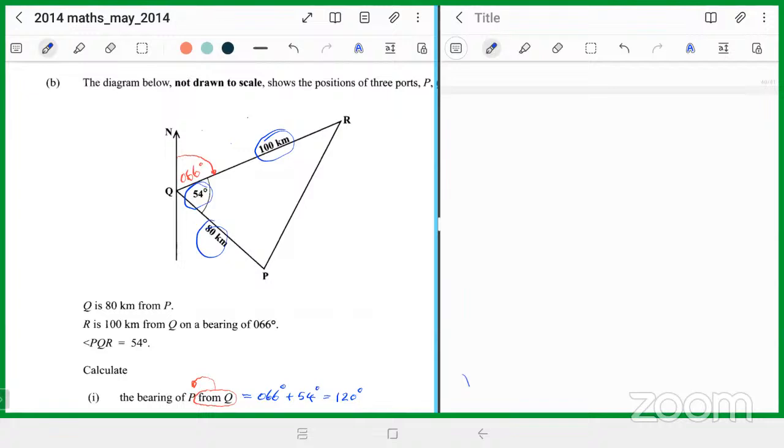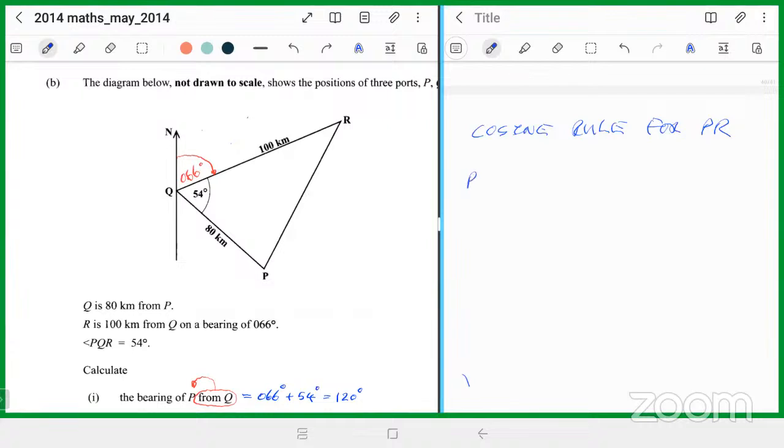We need 3 things to find a 4th thing in the cosine rule. So I can write it up over here: cosine rule for PR. We don't have to put on a square.